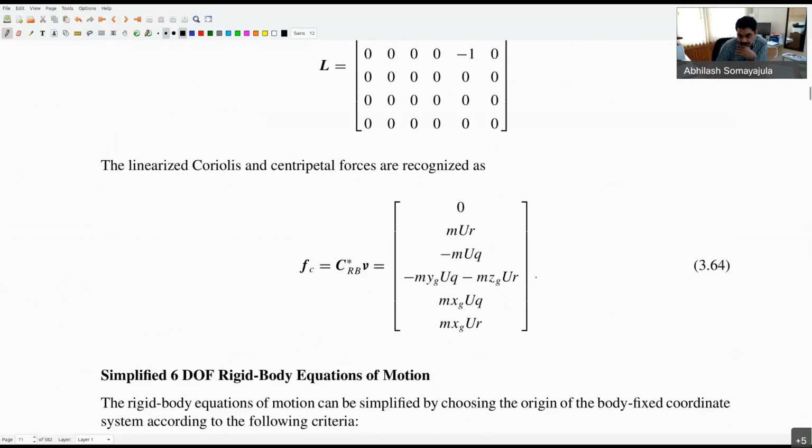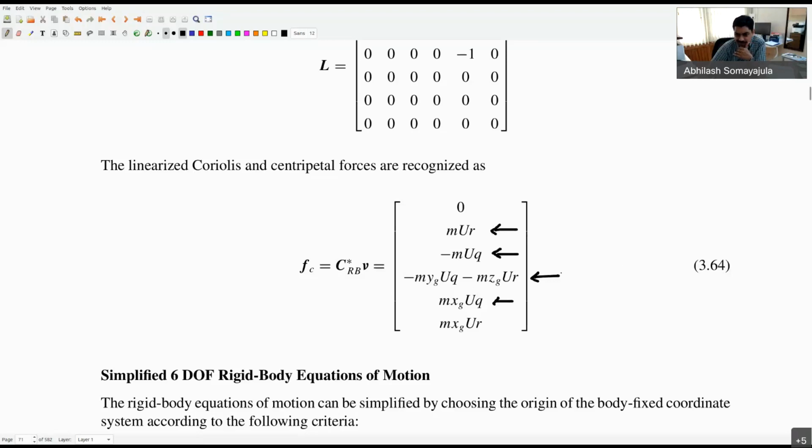You see that the fourth term, that is what is left: minus myg times q minus mzg times r multiplied by u. Is everybody with me so far? Okay. So a similar process we can use to find that all the other cases will come out as we see here.